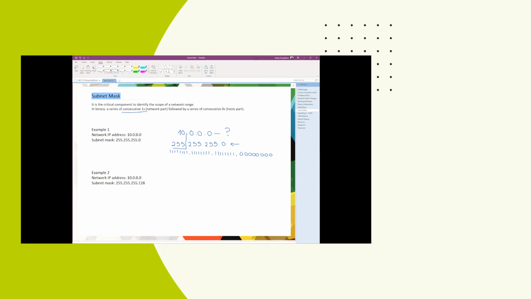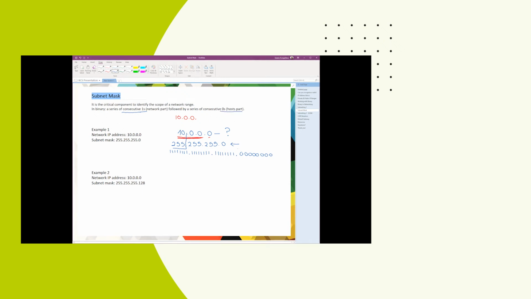Let me change the color of my pen. This is the network part, so this will remain the same for all my hosts. So my network is the 10.0.0 network. What about this octet? It has got all zeros, and the all zeros is the hosts part.